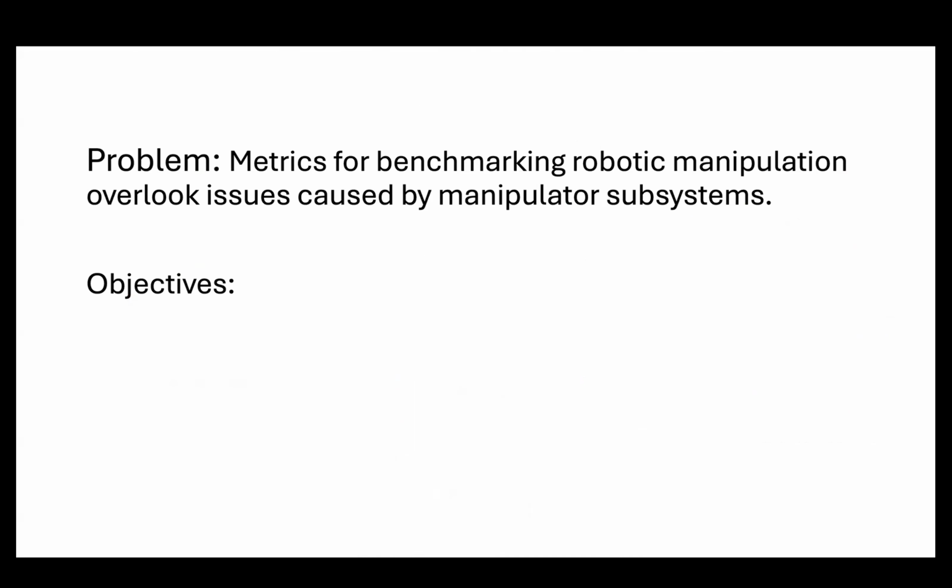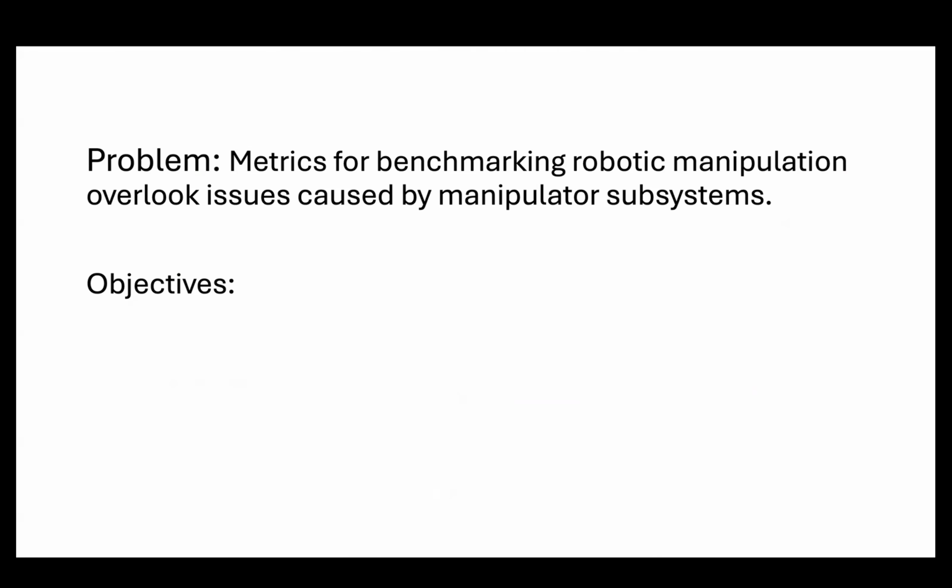Some of these issues are kinematic coupling of degrees of freedom of the finger. We also have non-backdrivability of the finger, and then friction and elasticity introduced through remotizing the actuators, typically to the wrist. So we have our problem. The metrics that we currently have look at these hands as the whole system, looking at the ability to perform dexterous tasks and the strength of the hand as a whole.